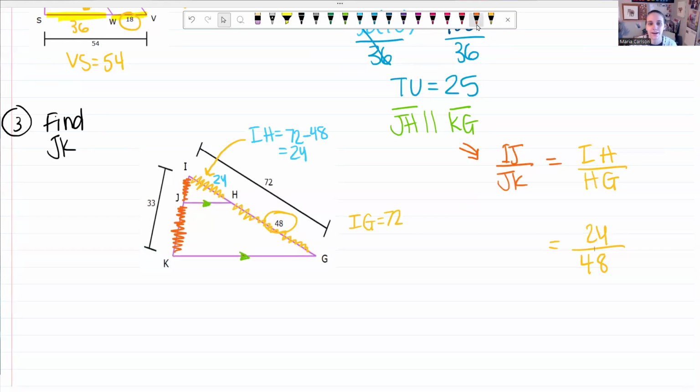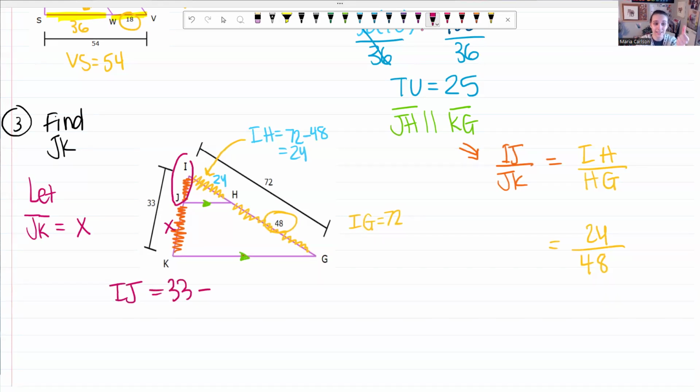Now let's look at the other side. And I want to remind you, our goal is to find JK. So I am going to let JK just equal X, because that's the length I don't know. So JK is X, which means then that this piece IJ is 33 minus X, right? Minus JK.